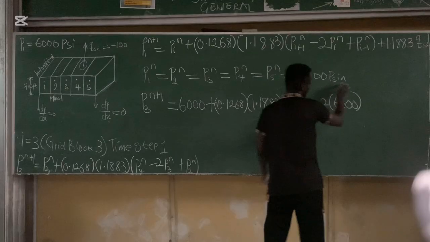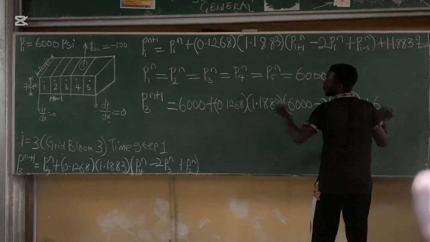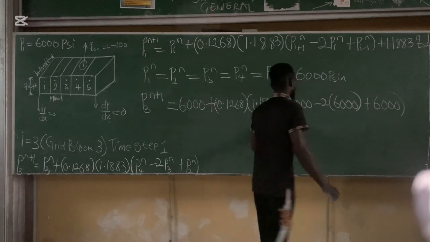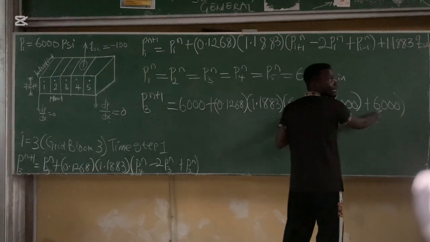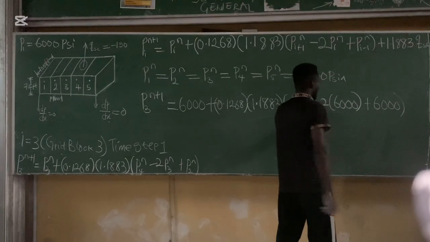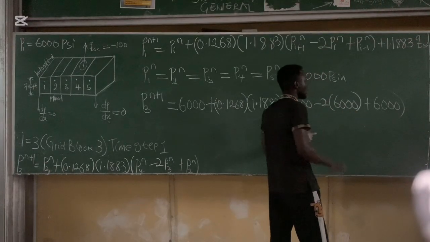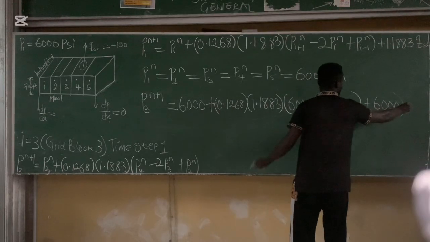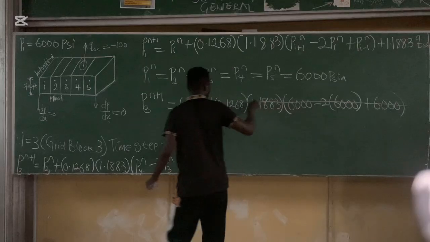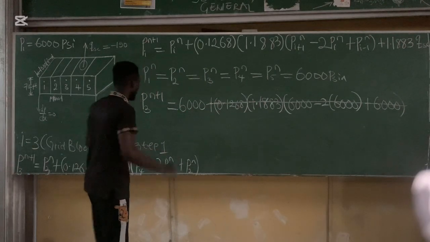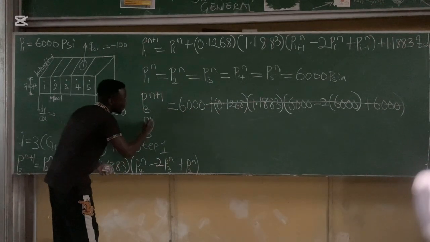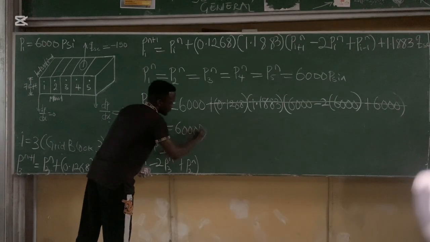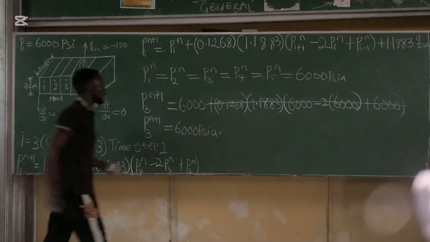P3 is also 6,000 here, plus P2, which is also 6,000. Close the bracket. So 6,000 plus 6,000 here will give us 12,000, minus 2 times 6,000, still 12,000. 12,000 minus 12,000 is 0. 0 times everything here will give us 0. So everything here becomes 0. If this is 0, our P3^(n+1) will be equal to 6,000 psia. So we are done with P3.